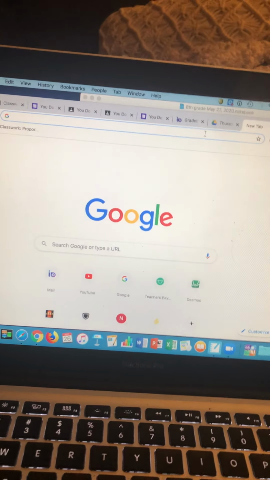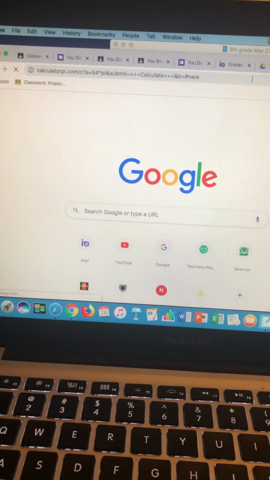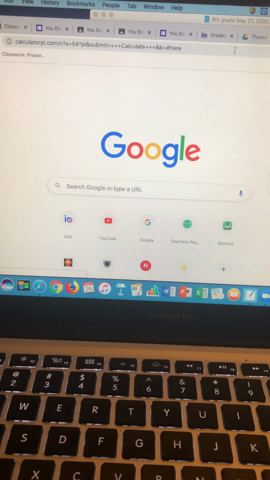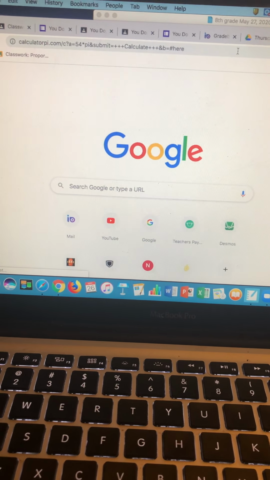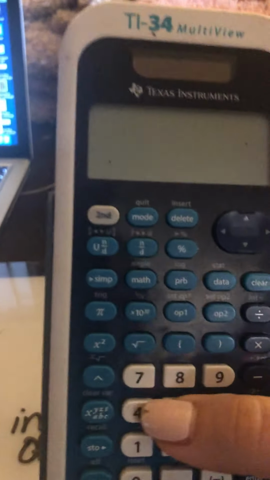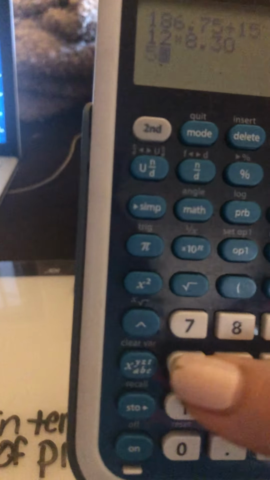So let's try it here. Let's see if that works. Oh, maybe my internet just slowed down. Okay. Well, trust me, it does work. I promise it does. We already tested it out, but I will use my calculator for now just to show you because I'm already recording, so I don't want to waste any more time.